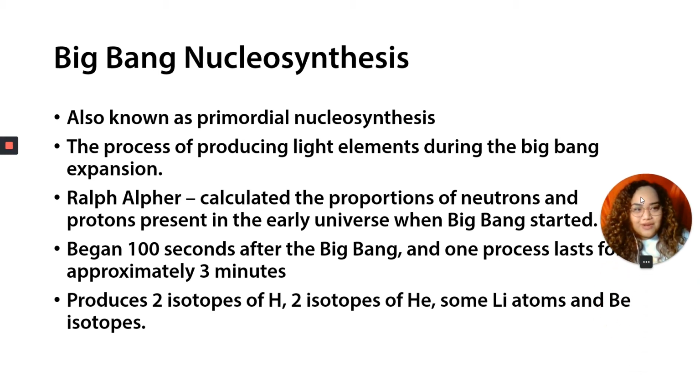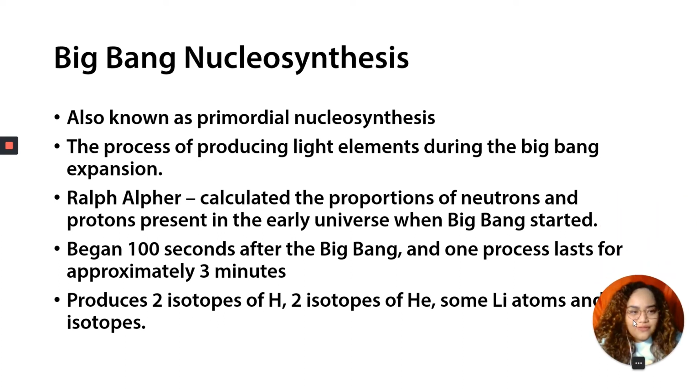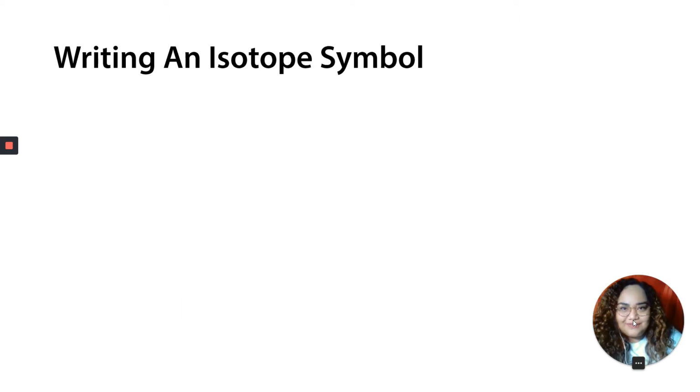And this whole process produces about 2 isotopes of hydrogen, 2 isotopes of helium, some lithium atoms, and beryllium isotopes. But we'll focus more on the stable elements that are formed through this process, not so much on the unstable isotopes.